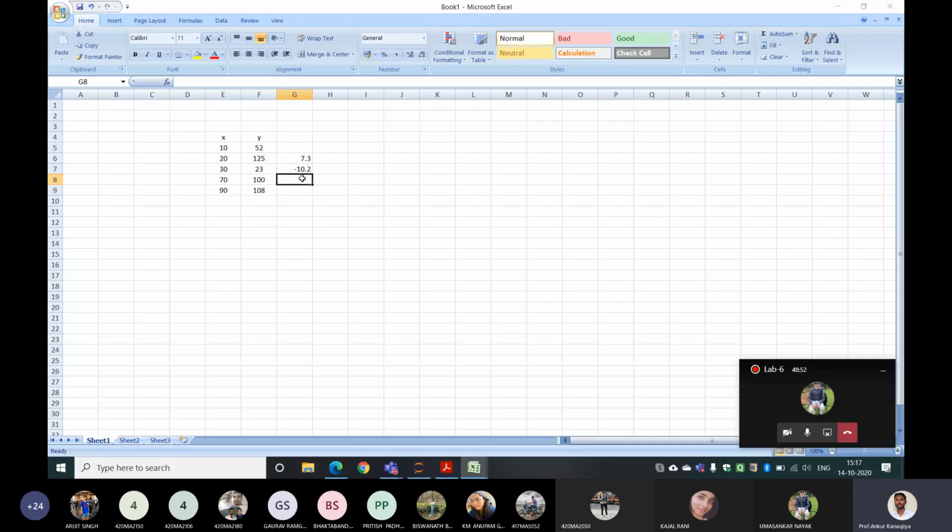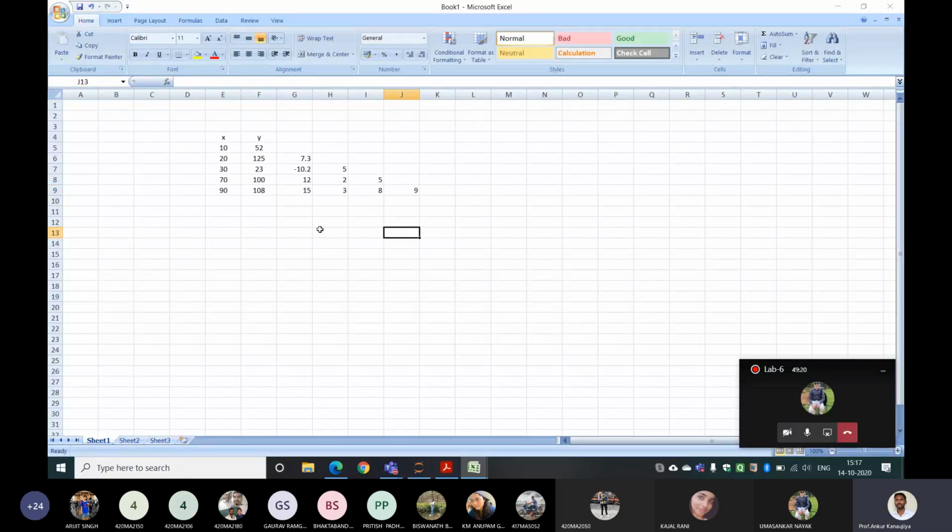I am putting here, suppose it will come 12 and suppose this one will come 15, just for demo purpose. Then again something you will get here, suppose 5, 2 and 3, then 5, then 8, and suppose this is 9. Suppose this is the divided difference table.